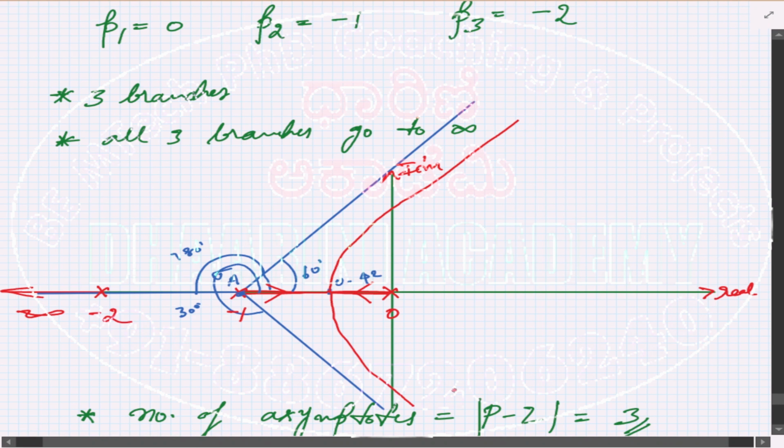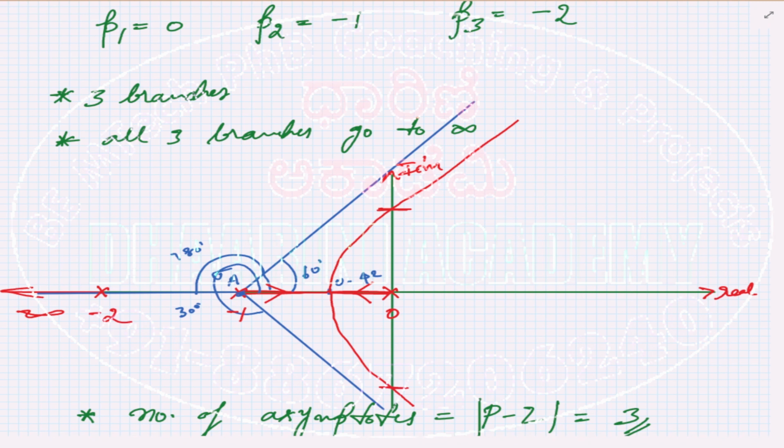Now I understand that I can find out where it is going to cut the y-axis, correct? Recall the RH criteria, where we actually found the range of k, and for the marginal stability case we could get the two values of s where it cuts the imaginary axis, right?